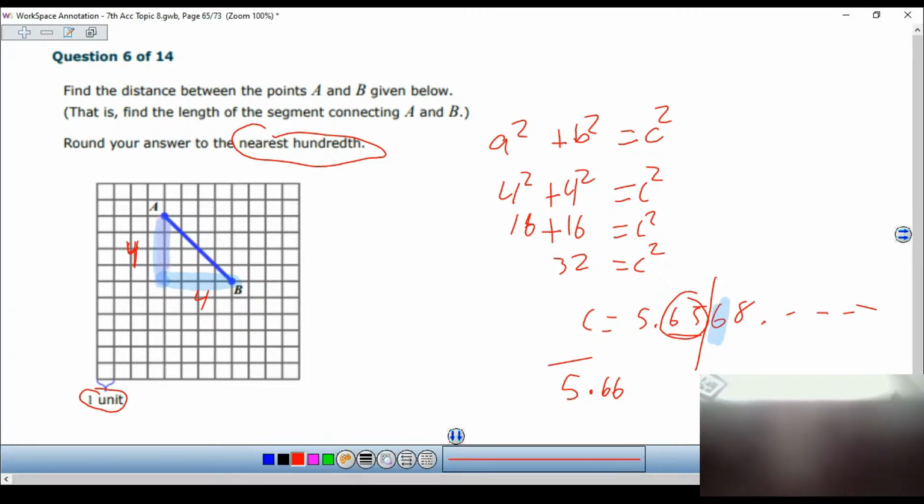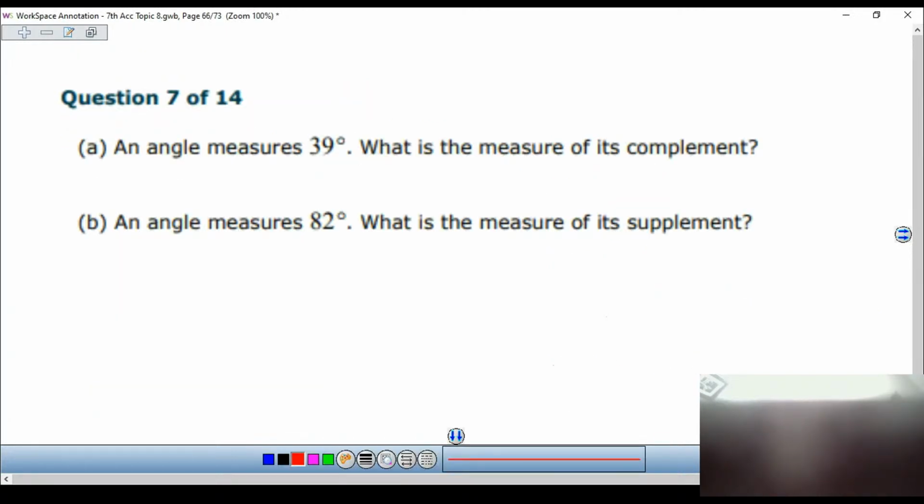Number 7. All right. This is where we get into all the angles. So I'm going to do a little different thing here that I started doing today for a couple of you that were struggling still. We have these 2 words we talked about, complement and supplement. Remember that complement means that the angles are going to add up to 90 degrees.